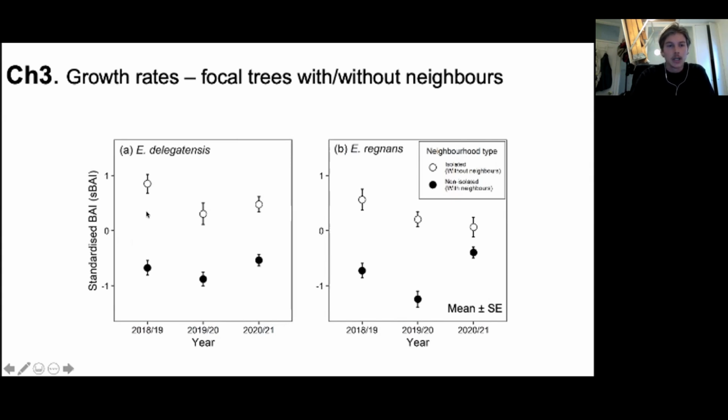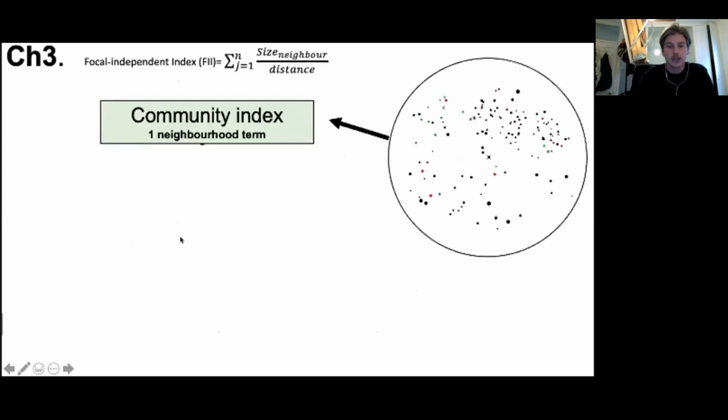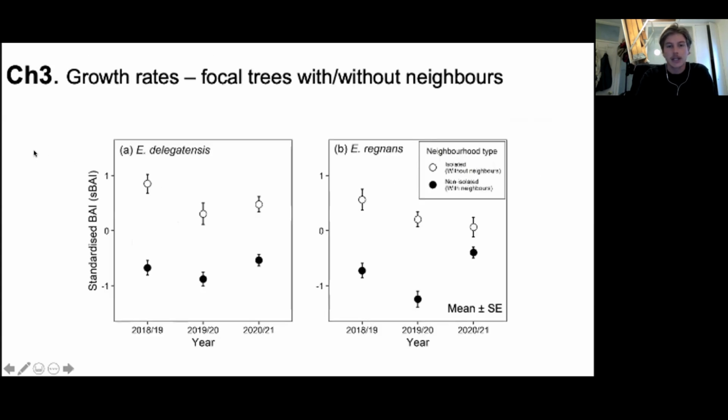The white points show the mean standardised basal area increment for the isolated focal plants, and the black points show it for the non-isolated focal plants. So for Eucalyptus delegatensis on the left, and Eucalyptus regnans on the right.